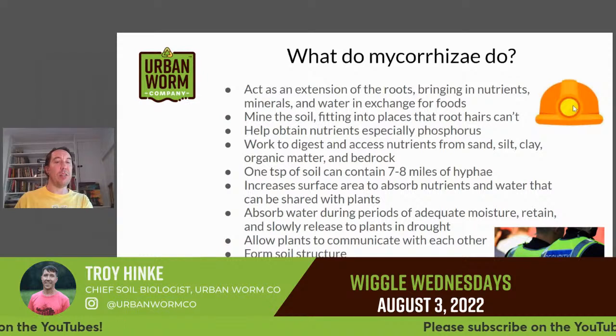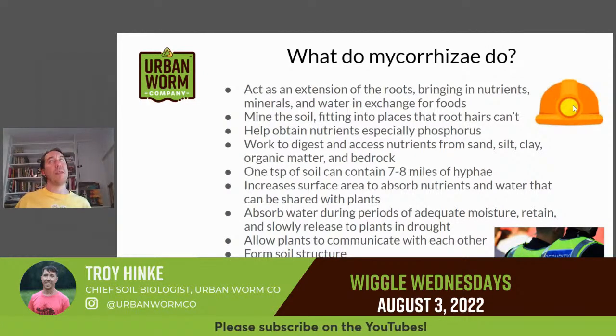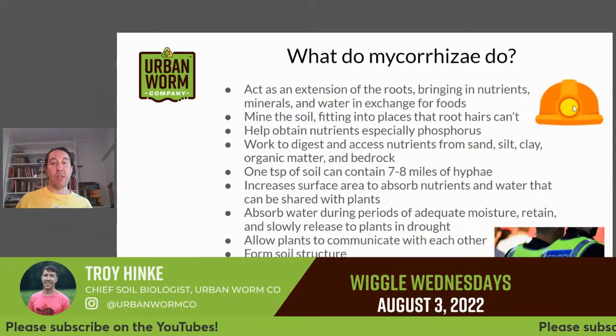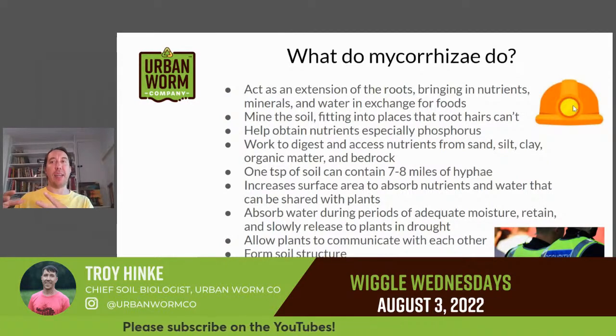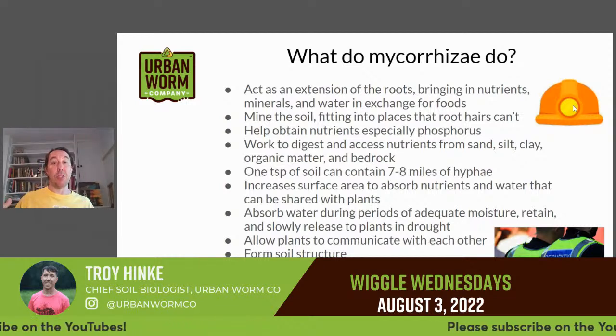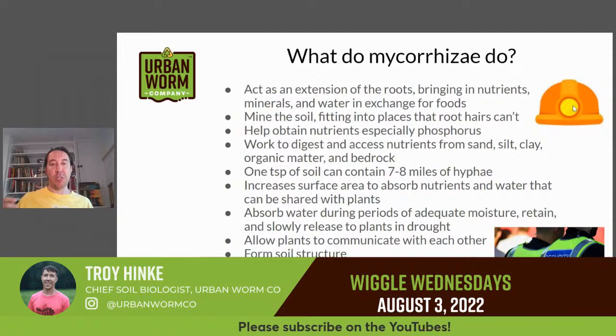And mycorrhizae also allow plants to communicate with each other. In the research that I've seen, in a forest system, you will have a mother tree, and if you've got some saplings that are growing, through the mycorrhizal network the mother tree will detect that they need more nutrition to grow, so they'll pump more nutrients to them.